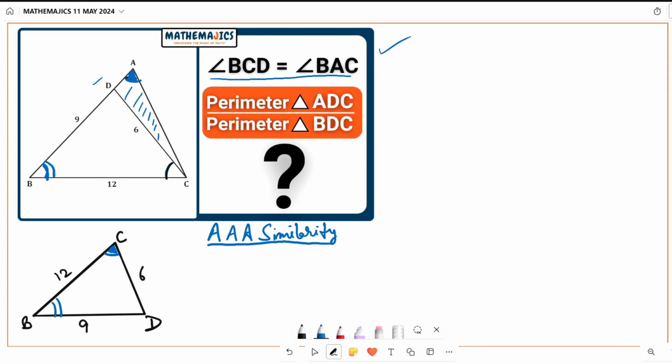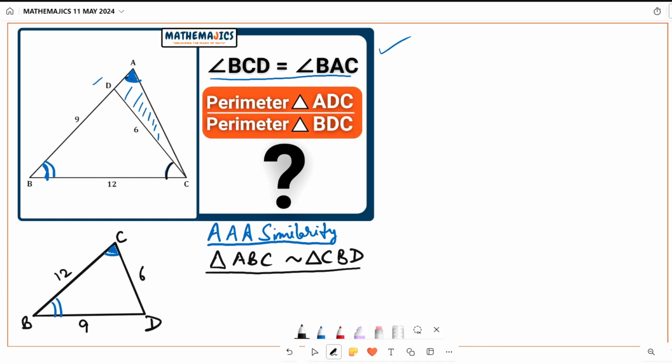Now once these two triangles are similar, let me write this down. Triangle ABC is similar to triangle CBD. These two triangles are similar to each other. Now if two triangles are similar, the corresponding sides of the two triangles are in the same ratio.